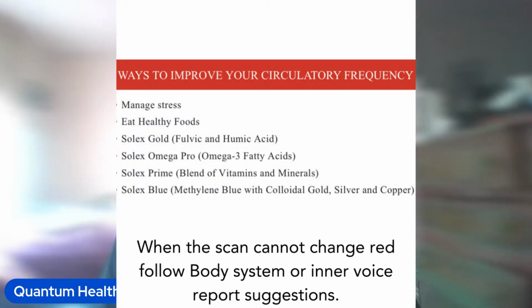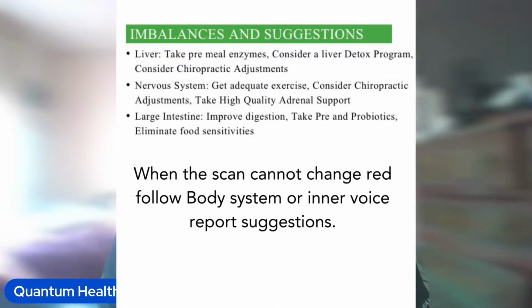So ways to improve, some of the suggestions that you would see are manage stress, eat healthy foods, fulvic and humic acid, omega 3s, vitamins and minerals, colloidal golds and silvers, and methylene blues. They all have a reason for being called.